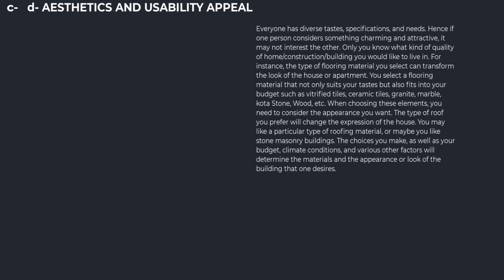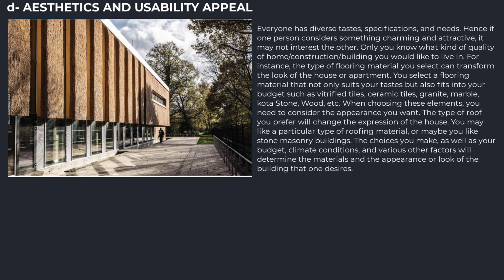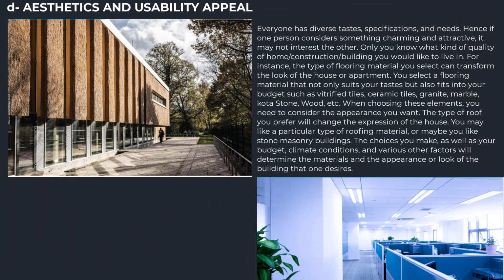The aesthetics. Everyone has diverse tasks, specifications, and needs. Hence, if one person considers something charming and attractive, it may not interest the other. Only the architect and the client know about the quality of home, construction, building they need to design or live in.